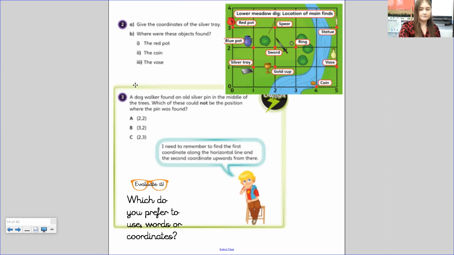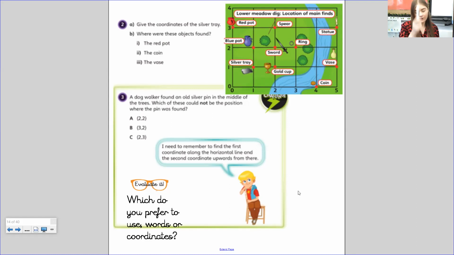Okay, so this person said I need to remember to find the coordinate along the horizontal first and then vertical second. Okay, because we remember my turn: along the corridor and then up the stairs. Your turn. This is going to be sticky learning, guys.